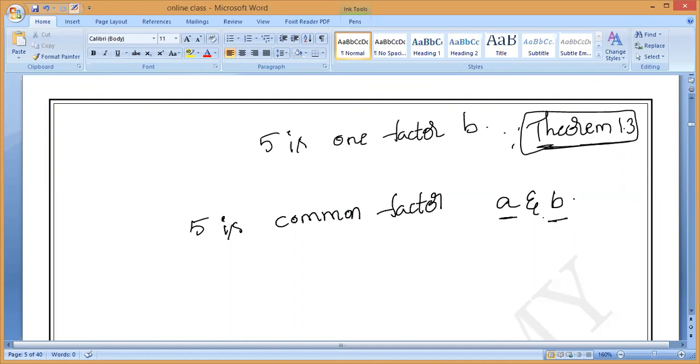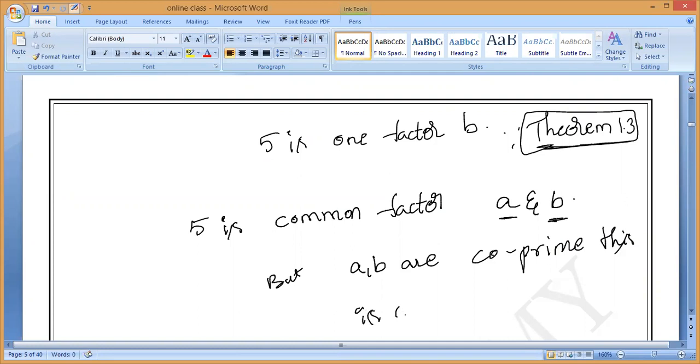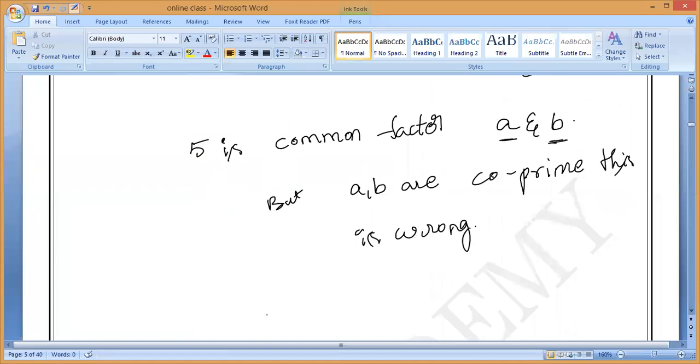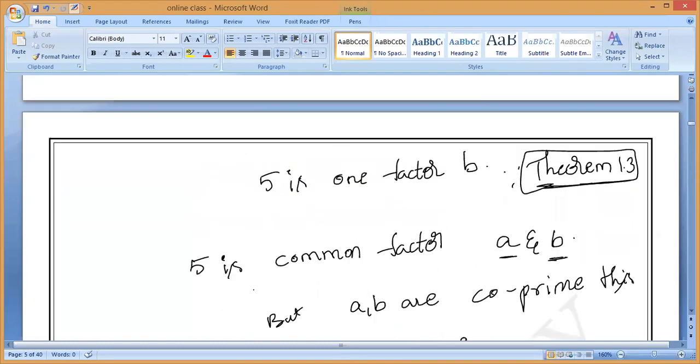What is our assumption? A and B are co-primes, correct? This is wrong, so our assumption is wrong. So 3 plus root 5 is irrational. For root 5, we consider only the LHS, correct?